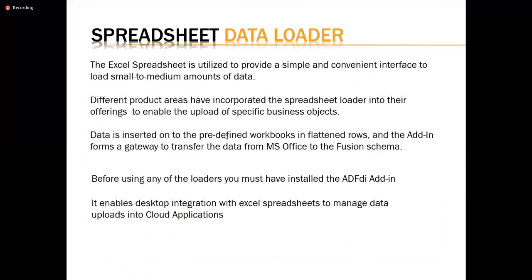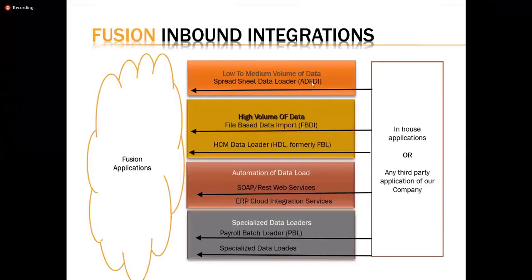Right. So, data is inserted into predefined workbooks in flattened rows, and the add-in forms a gateway to transfer the data from MS Office to the Fusion schema. Okay, so it will download into an Excel sheet, and once you modify it and send the data back to Fusion, typically we have an add-in plugin called ADFDI, the ADF Desktop Integrator.